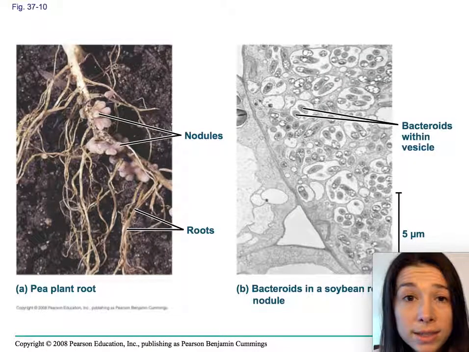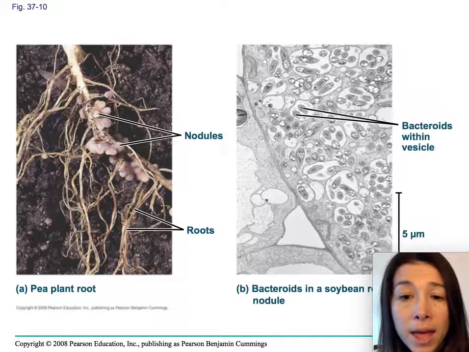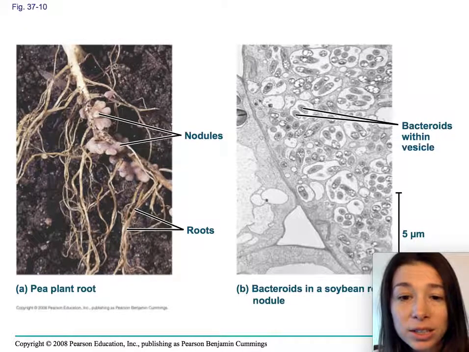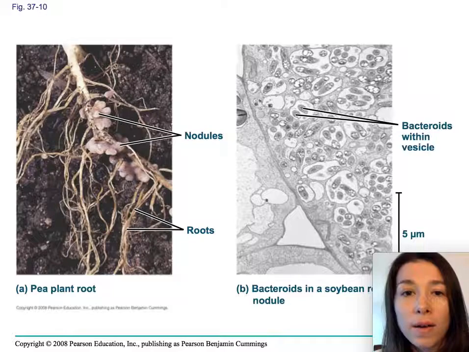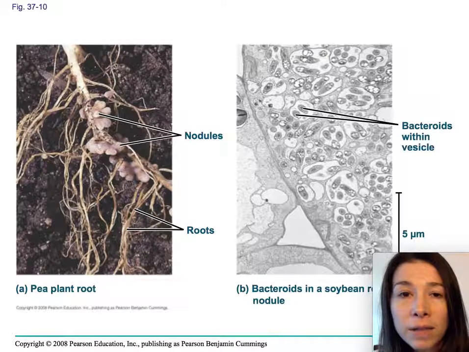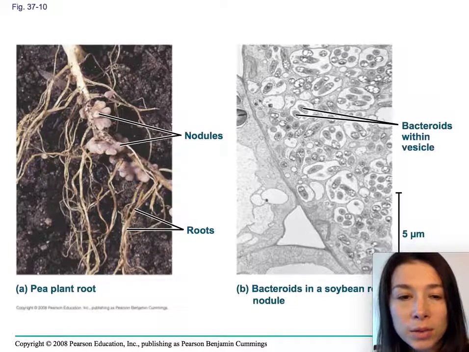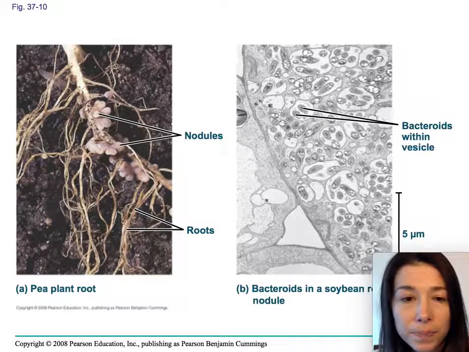We mentioned that some of the bacteria live on the outside of the root, like we saw in the previous image. And conversely, and interestingly, some bacteria actually live within the root of the plant itself. A lot of legumes, so soybeans, pea plants, peanuts, all have nitrogen-fixing bacteria living within the roots themselves. So these nodules that you see here on the left are actually full of these nitrogen-fixing bacteria.